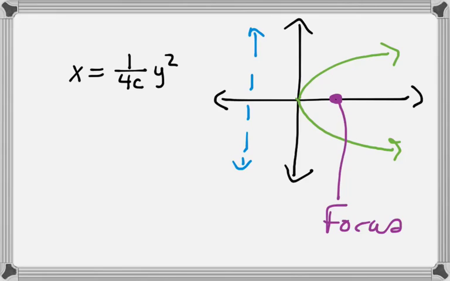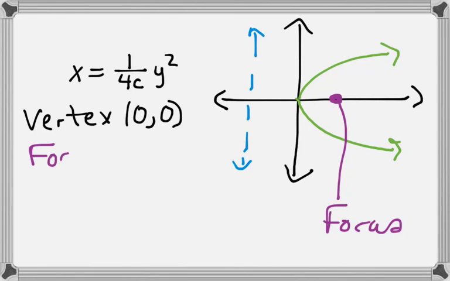The other way we could have a graph is opening this way. And in this case, given your vertex is at the origin, the focus is then at C, 0, and your directrix, this time, these are all x values that are the same.